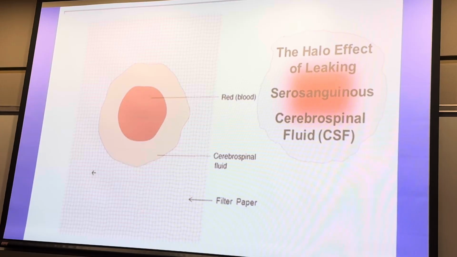You just take a simple little gauze. Sometimes they'll use a piece of filter paper. A lot of times it's just one of those 2x2 gauzes. You drop it dead center. The way the cerebrospinal fluid is made up, it goes to the outer edge and creates this halo effect, this circular effect. If you see that, then there's the presence of CSF within that blood.